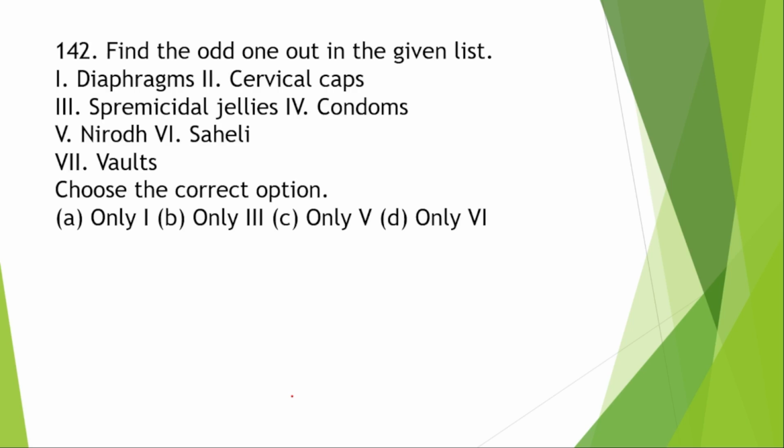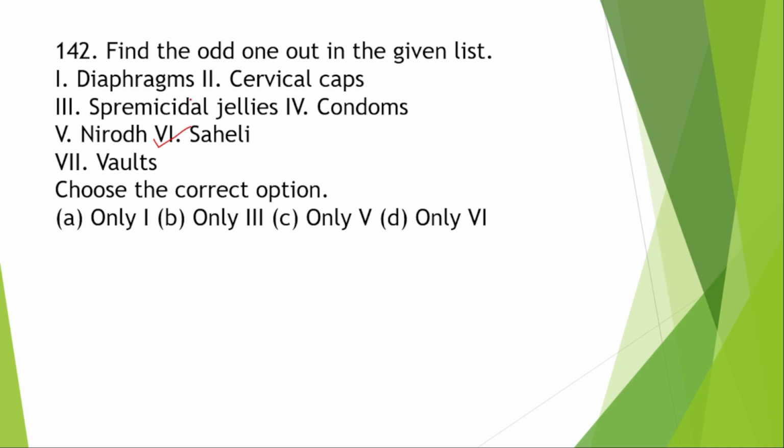Next, 142. Find the odd one in the given list. Diaphragm, cervical caps, spermicidal jellies and condoms, Nirodh, Saheli and then vaults. So here odd one is Saheli.